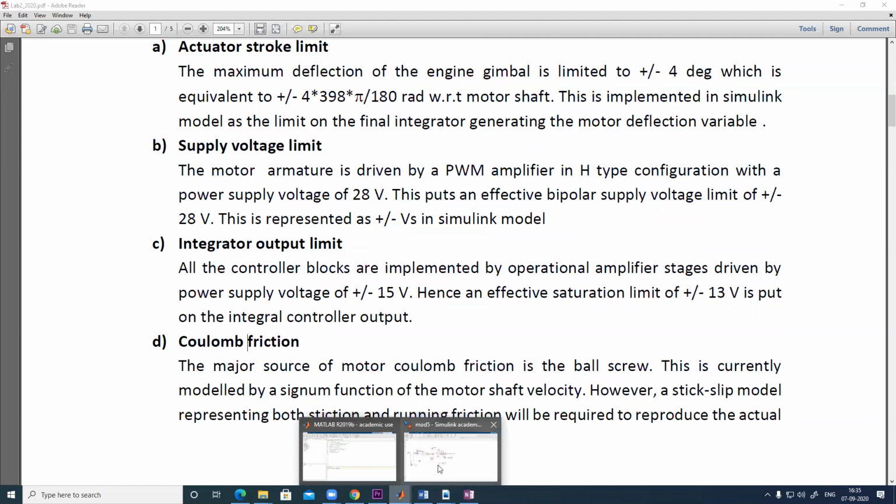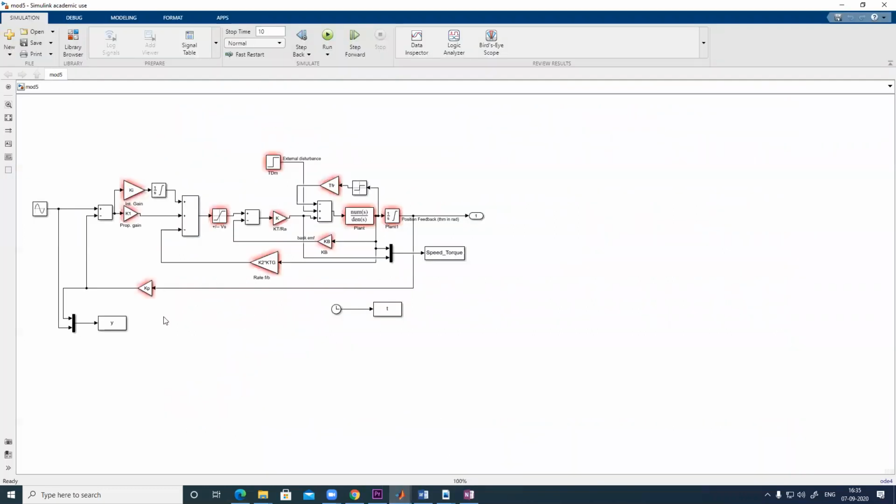So here, this is the input theta C reference, and theta C reference is coming here, and theta output is coming here, and you have to use this Kp in the forward path, not in the feedback path.